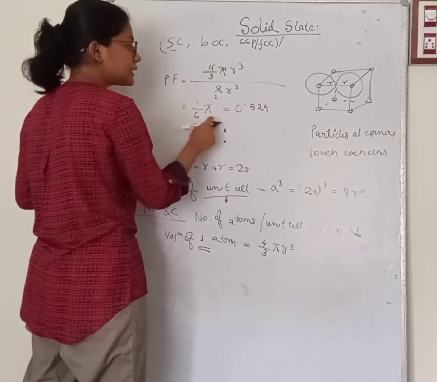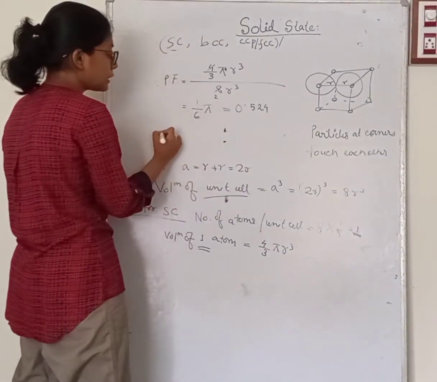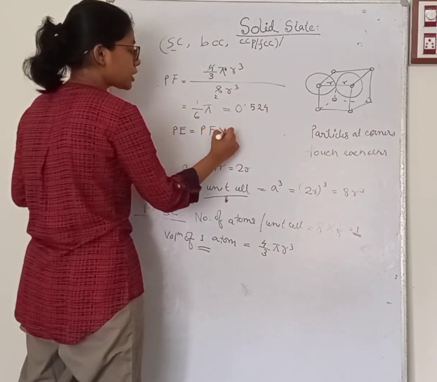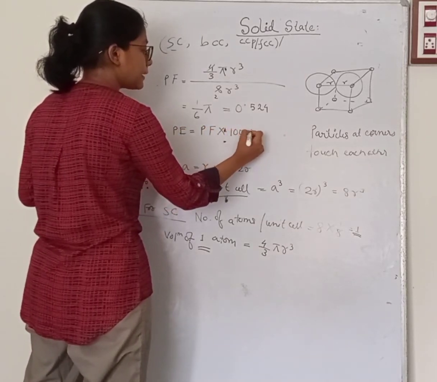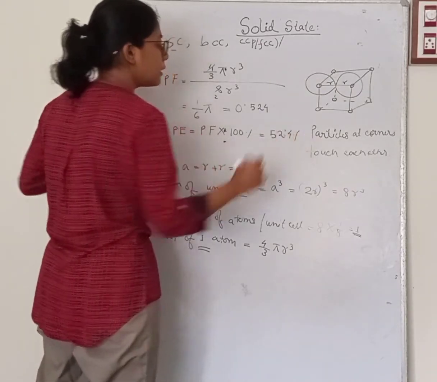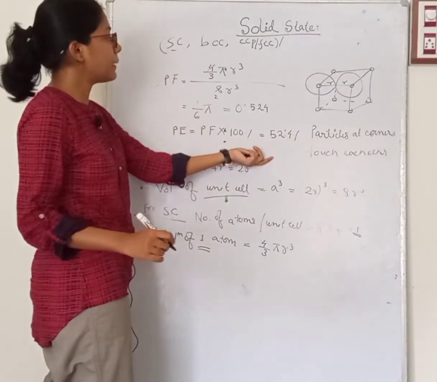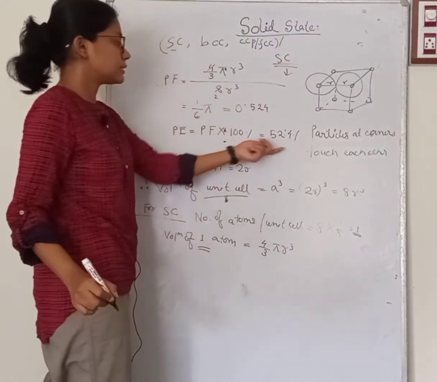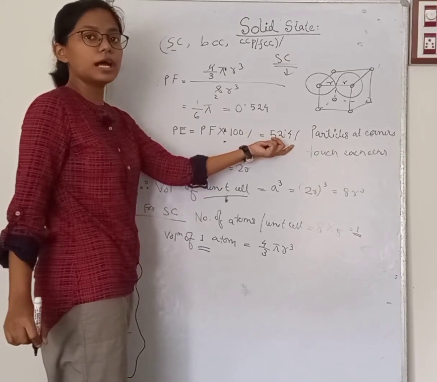If you calculate it, you will find this. Therefore, packing efficiency is equal to packing fraction into 100%, so we will have 52.4%. So what is the packing efficiency for the simple cubic type of lattice? It is 52.4%.